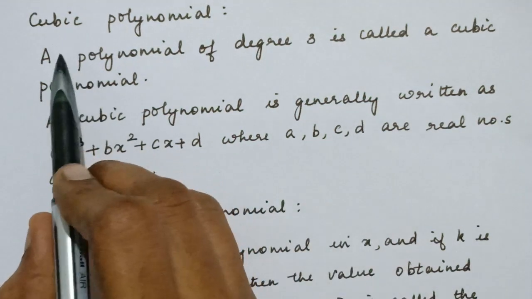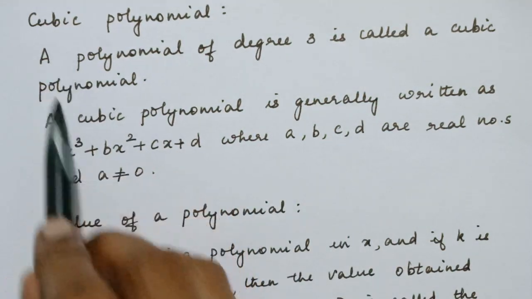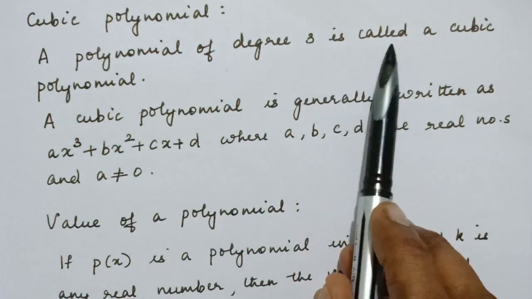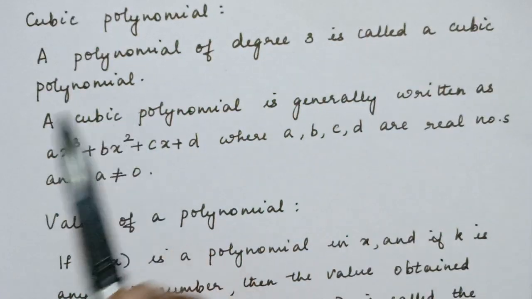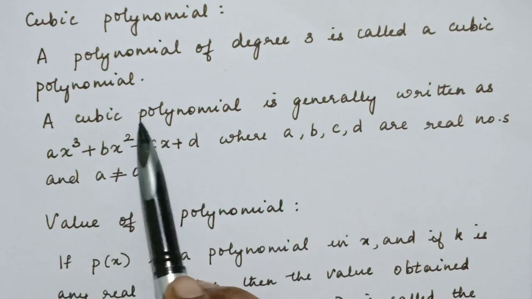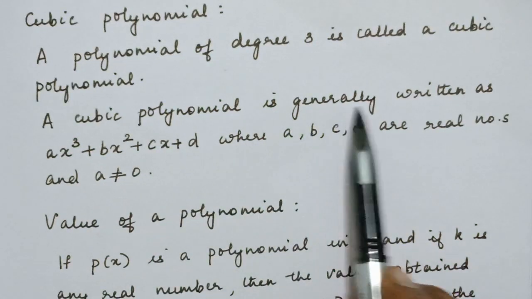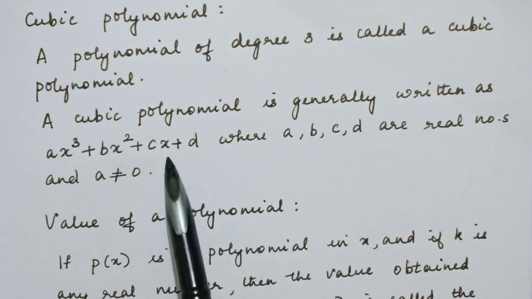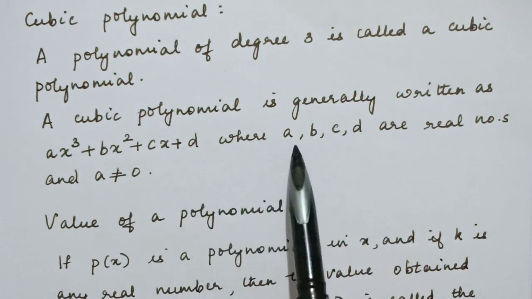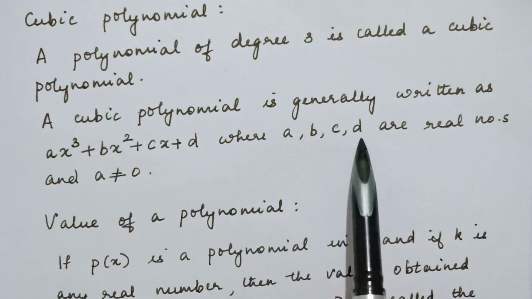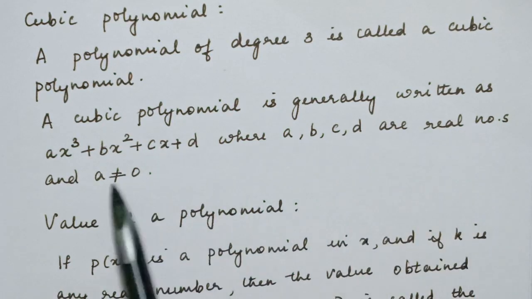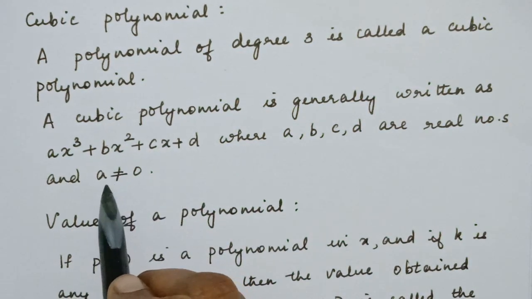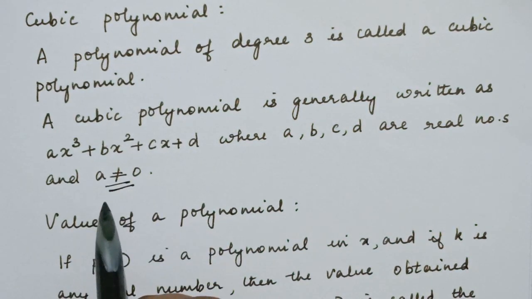Next we will see cubic polynomial. A polynomial of degree 3 is called a cubic polynomial. A cubic polynomial is generally written as ax cube plus bx squared plus cx plus d, where a, b, c, d are real numbers and a not equal to 0. Here also the condition a not equal to 0 is given.